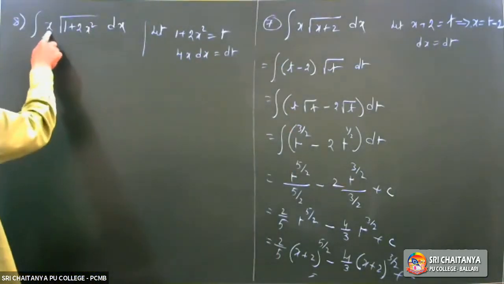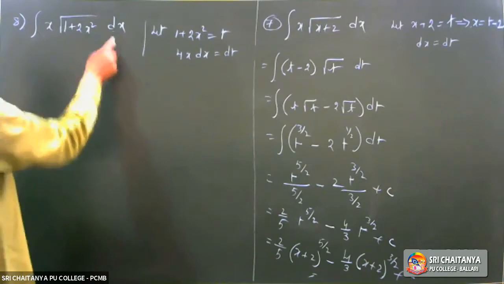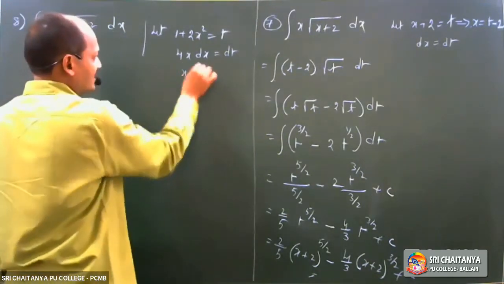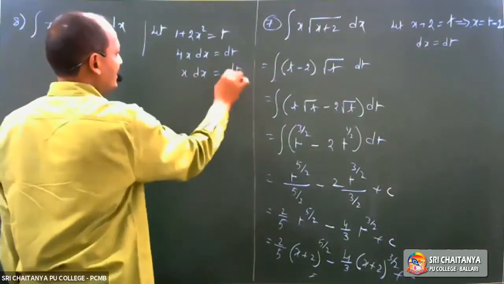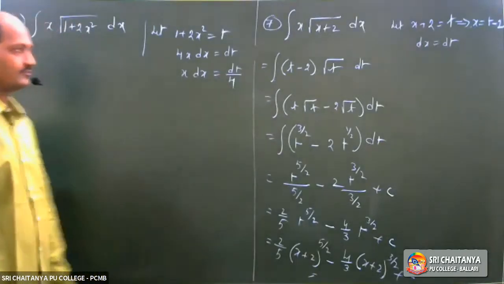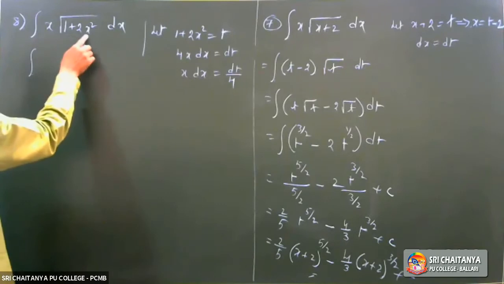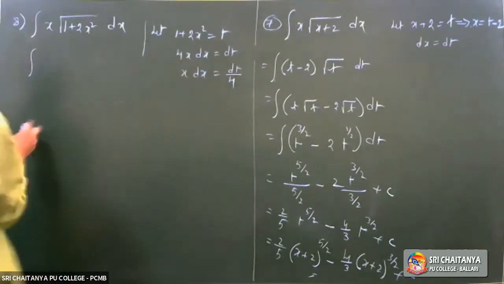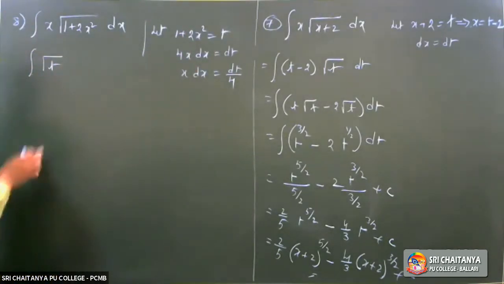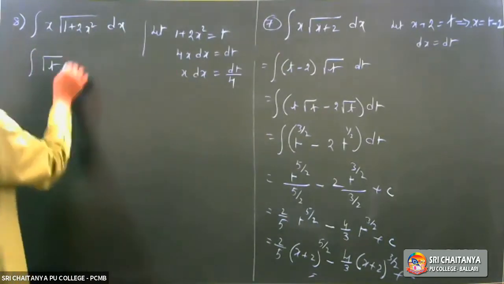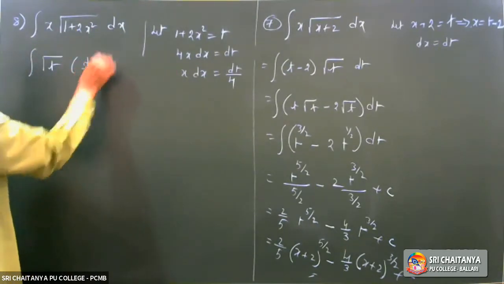Here we have only x dx, so x dx is equal to dt divided by 4. So the integral of root of 1 plus 2x square, which we consider as t, so root t, and x dx is equal to dt divided by 4.